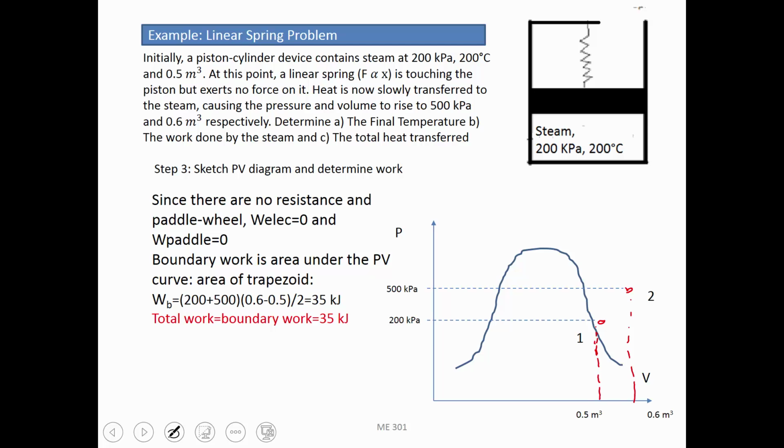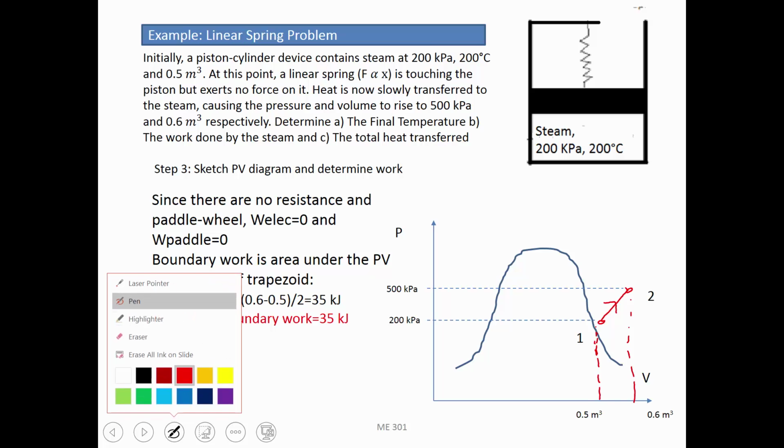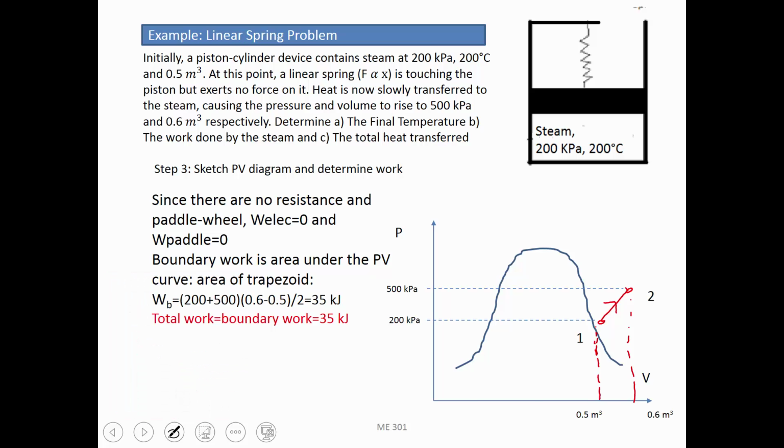Since this is a linear spring process, the PV curve is going to look like a straight line. Boundary work can be found from area under the PV curve, which is this rectangle or trapezoidal area under it.